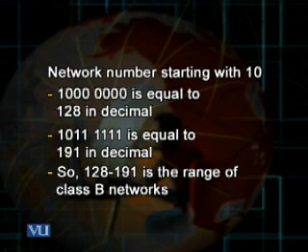Then if I keep the first byte in the class B address constant, and I manipulate the second byte, there are then 2 raised to power 8 different possibilities, or 256 different possibilities. I can keep changing these numbers in the second byte, keeping the first byte number constant, and thereby I get a different class B network address.